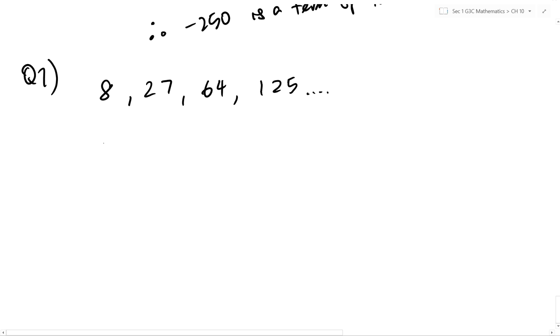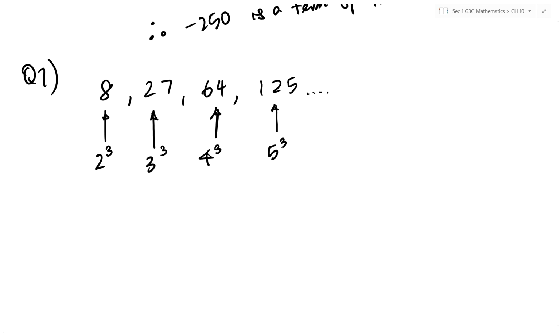What will you rewrite it as? 2 cube. Okay, so this is the same as 2 cube. Rian, what do you think this is? 3 cube. This is 4 cube and 5 cube. So on and so forth, right? So very clearly, we all know the pattern already.